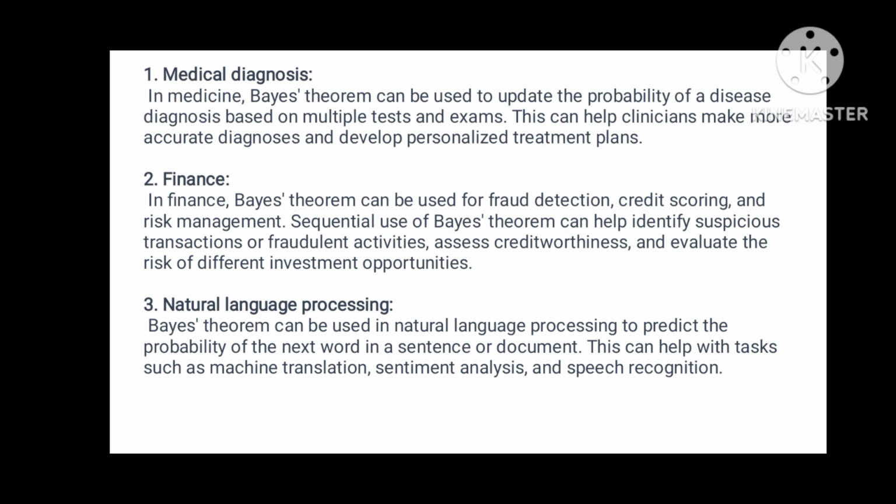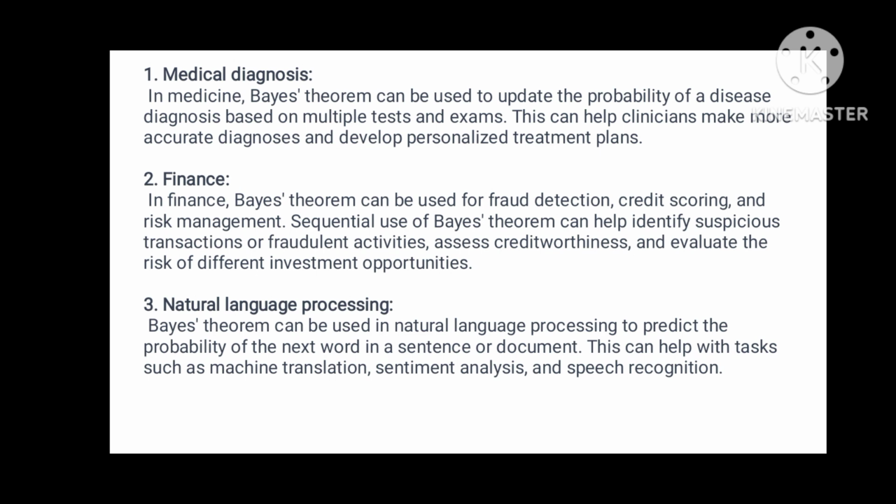After doing many tests, many iterations, we can find out the probability of the disease, which disease must be there, by finding the posterior distribution.